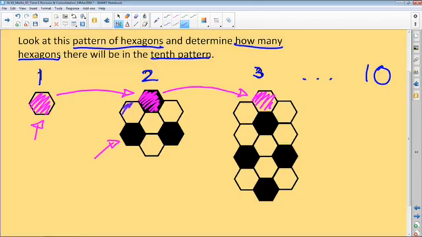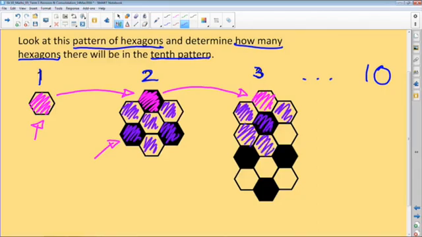And then for the ones that are added in pattern 2, I'm going to use purple. So that's 4, 5, and 6 that were added in pattern 2. Let's color them in over here. 1, 2, 3, 4, 5, 6, and let's use green to color in the ones that are added in number 3. 1, 2, 3, 4, 5, 6.